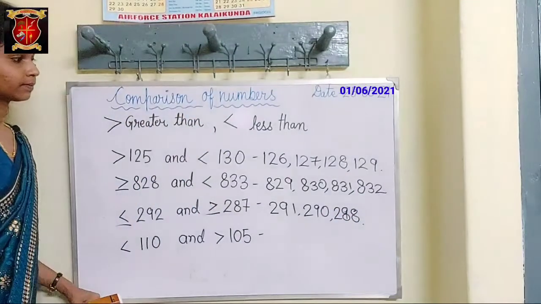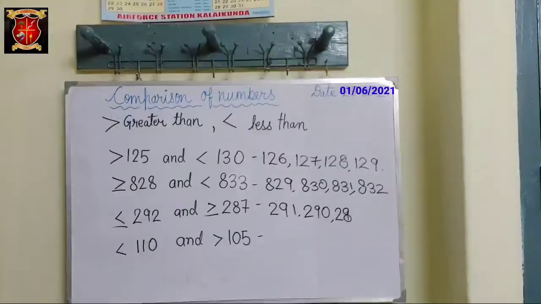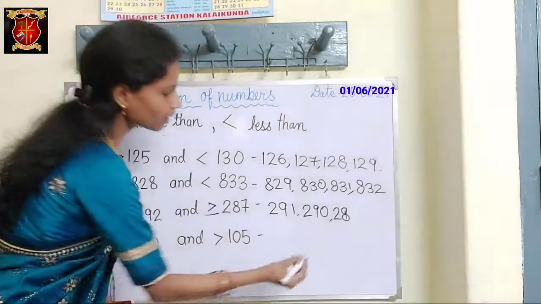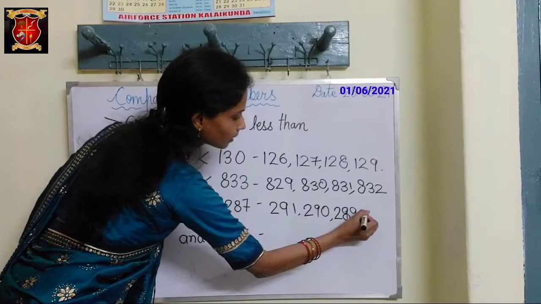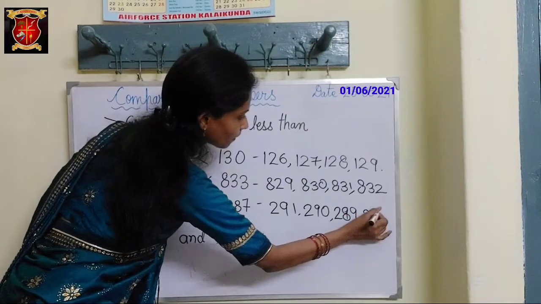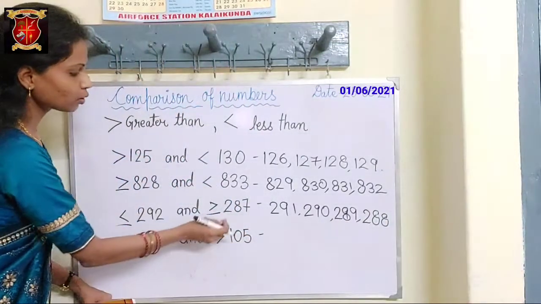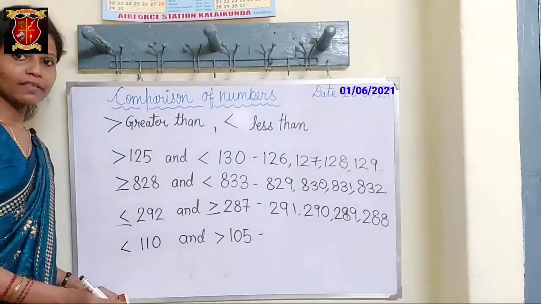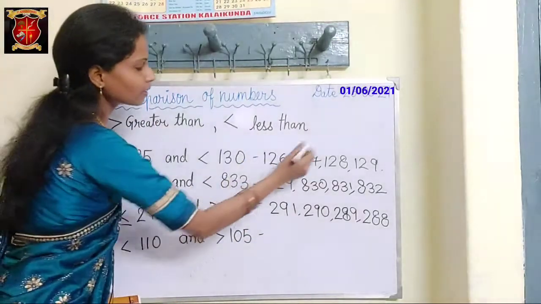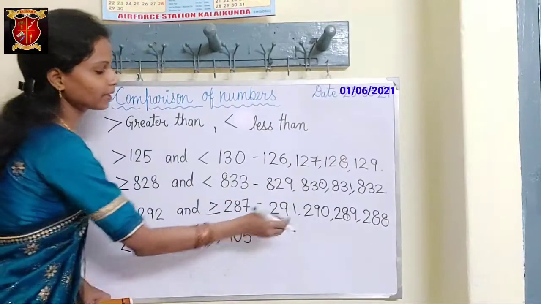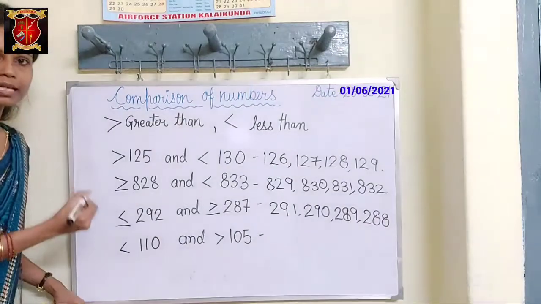Okay, there is a mistake. Before 290, 289, then 288. And before 288 what number comes? 287. So we have written all the numbers. If you see, we have written these numbers in increasing order and these numbers in decreasing order.